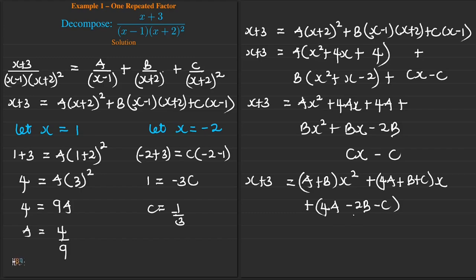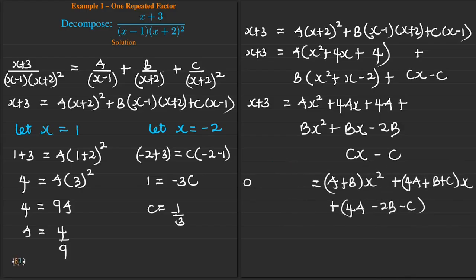With this, we can form an equation. The term on our left-hand side actually has no x squared, and if you want it rewritten, we can write it as 0x squared plus x plus 3. So equating the coefficients, 0 is equal to a plus b.